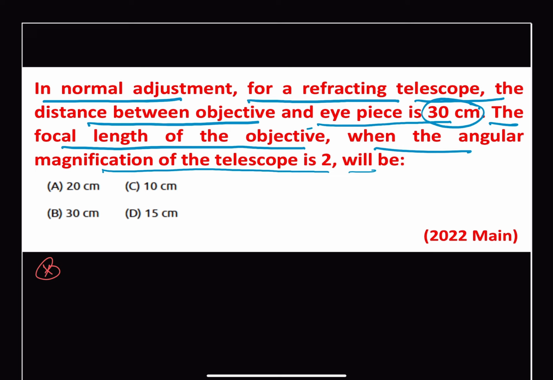We can say focal length of objective plus focal length of eyepiece will be equal to 30 centimeter, and magnification we know is f naught upon fe, and that is given as 2. So this will be equal to 2. From here we can write f naught is equal to twice of fe.